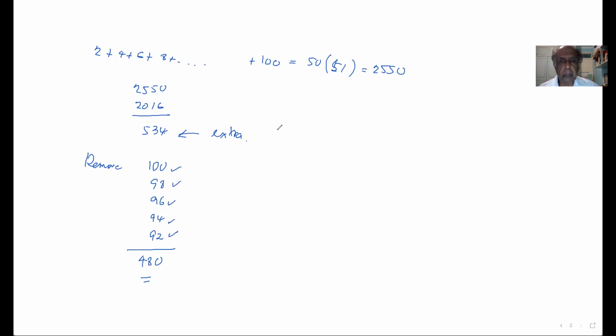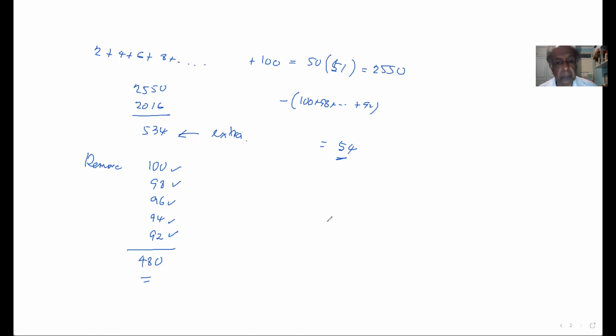You come, so this thing here minus the sum of all these is actually equal to, it's not 534, but it'll be 54, because you're taking away only 480 from this. Okay, that's 54.